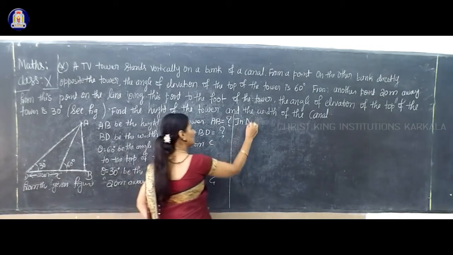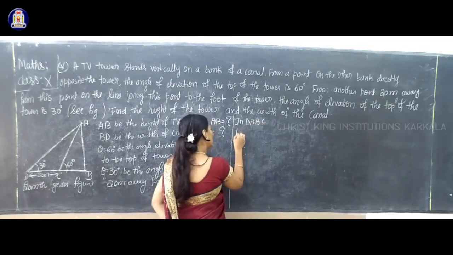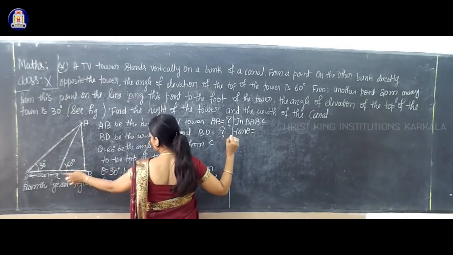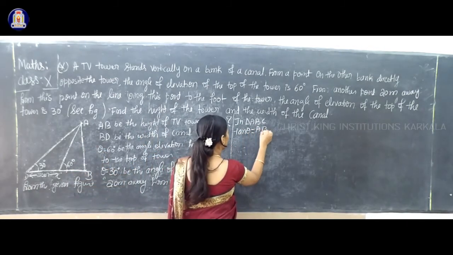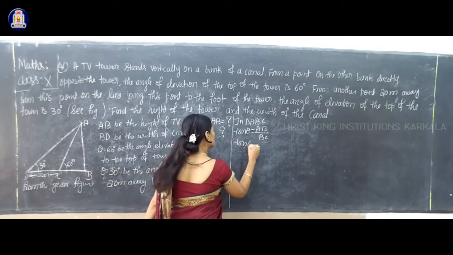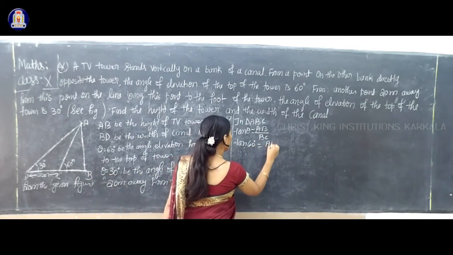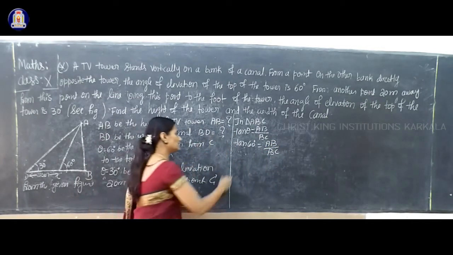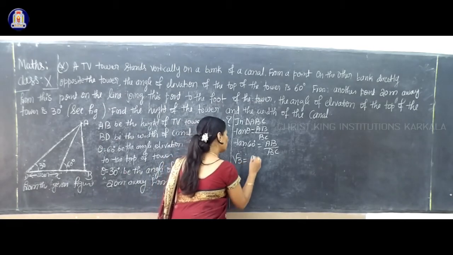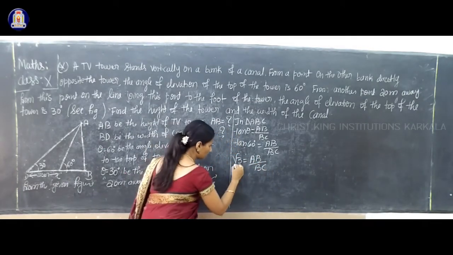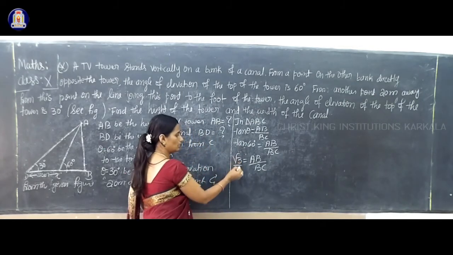In triangle ABC, tan theta is equal to opposite side by adjacent side, AB divided by BC. Tan 60 degree is equal to AB divided by BC, which are not given, that is to be found. So tan 60 is root 3, equal to AB divided by BC, cross multiply. Root 3 means root 3 by 1.